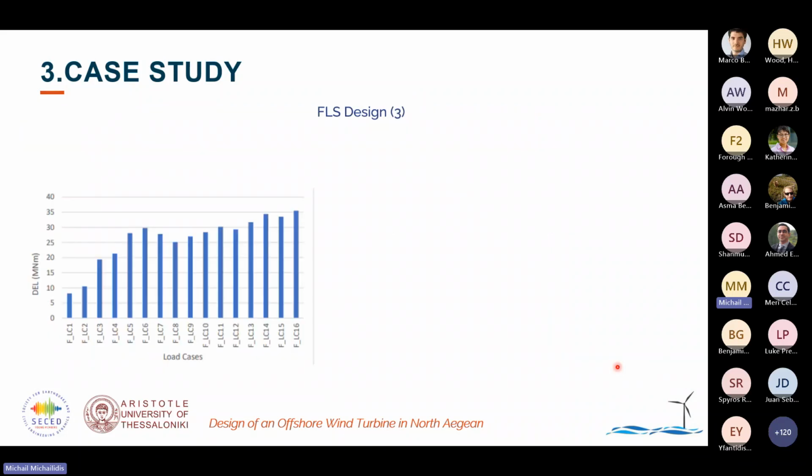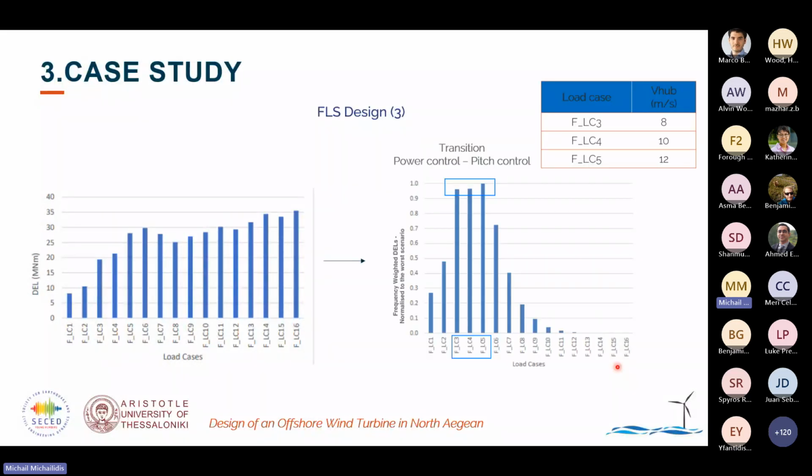And this is a slide describing the damage equivalent load for the list of the load cases in order to understand their magnitude. But we need to weight these damage equivalent loads according to the frequency and normalize them to the most severe one.